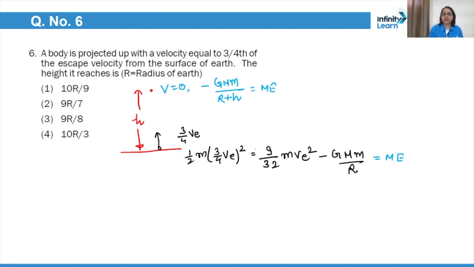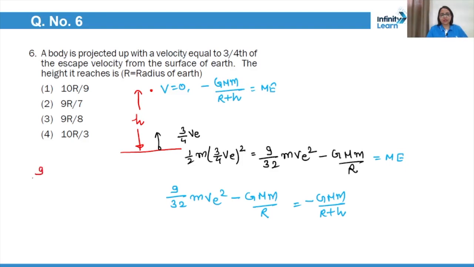Now you can apply conservation of mechanical energy. So it is 9 upon 32 m VE square minus G M m upon R is equal to minus G M m upon R plus h. Right? VE is escape velocity, which is under root 2 G M upon R. So it is 9 upon 32 into m, 2 G M upon R, minus G M m upon R, is equal to minus G M m upon R plus h.